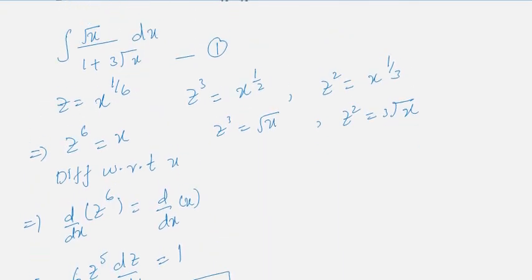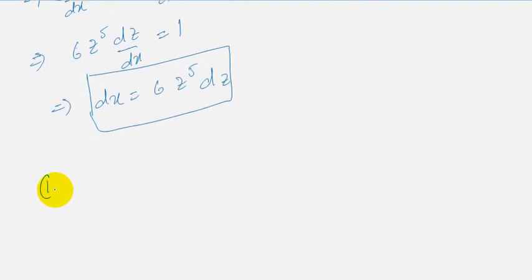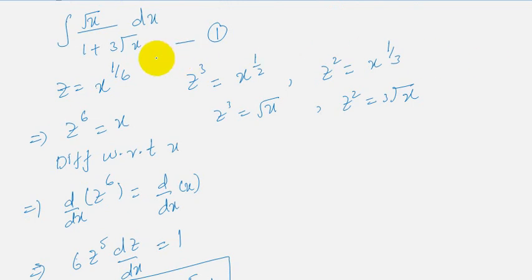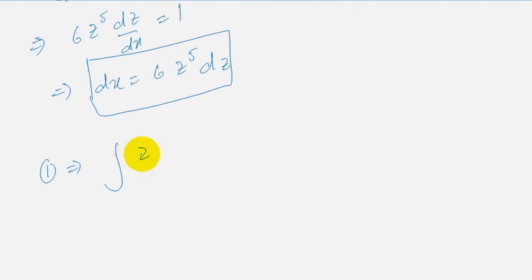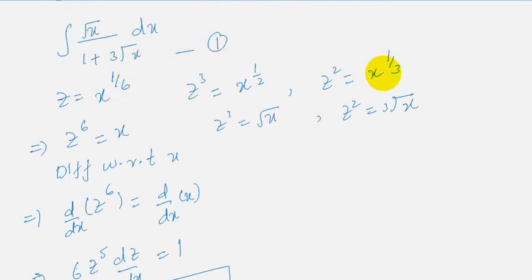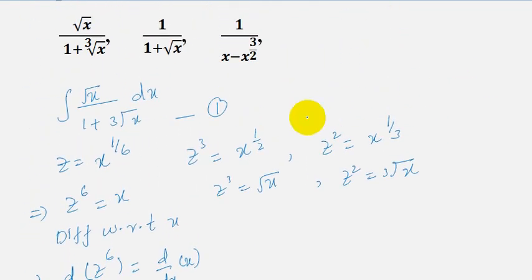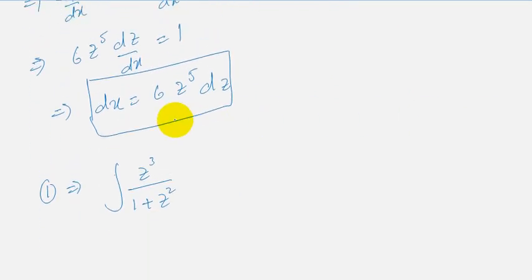Now we integrate this function. So putting values in equation number 1, equation 1 becomes integration of square root of x means z^3, upon 1 plus cube root of x is equal to z^2, so z^3 upon 1 plus z^2, and dx is equal to 6 z^5 dz.